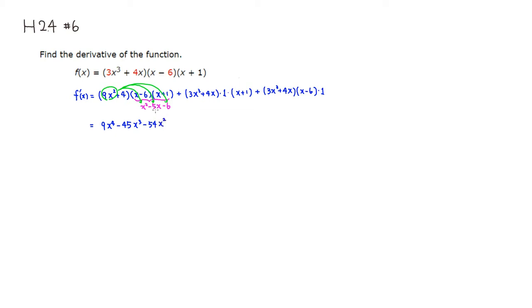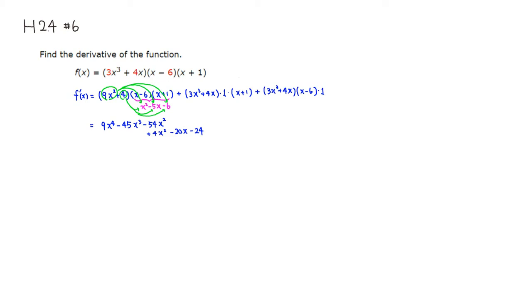Then the next one, I'm going to distribute 4 to x squared and a negative 5x and a negative 6. So you're going to get plus 4x squared. I'm going to try to line them up. And 4 times this is negative 20x, and 4 times 6 is negative 24. Right, so we have that.